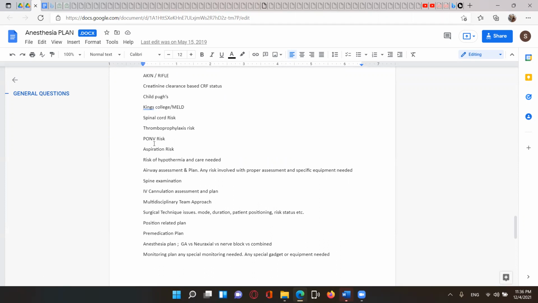PONV risk factors we discussed. Aspiration risk, yes. Hypothermia we did not discuss. How to predict hypothermia: premature babies or babies who have less lipid and fat, and they don't have the normal thermogenesis mechanism. Also ambient temperature, cold fluids, blood transfusions, and use of regional anesthesia.